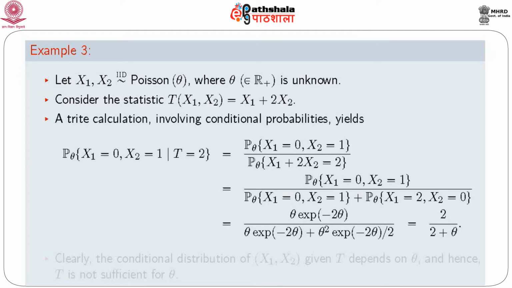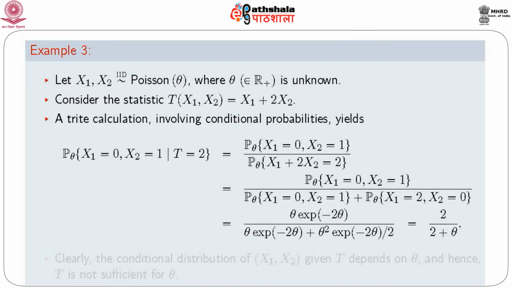Now we calculate the conditional distribution of X1, X2 given T. We calculate probability under theta X1 equals to 0, X2 equals to 1 given T equals to 2. This is given as probability under theta X1 equals to 0, X2 equals to 1 divided by probability under theta X1 plus 2X2 equals to 2.